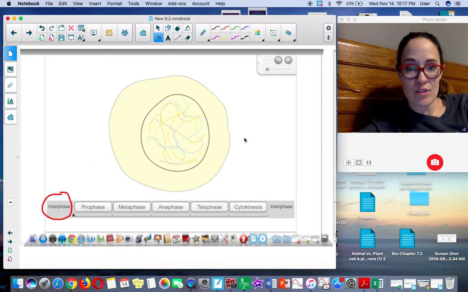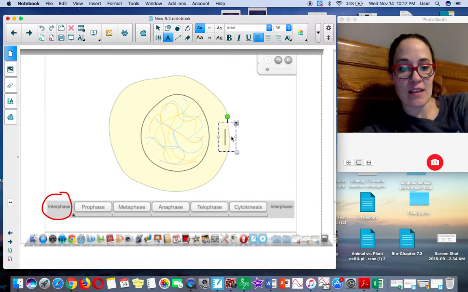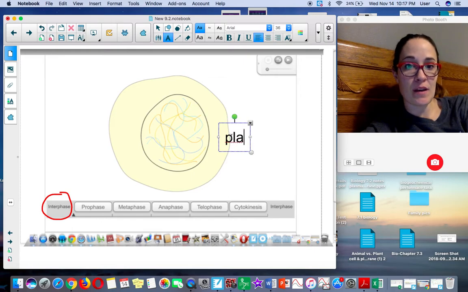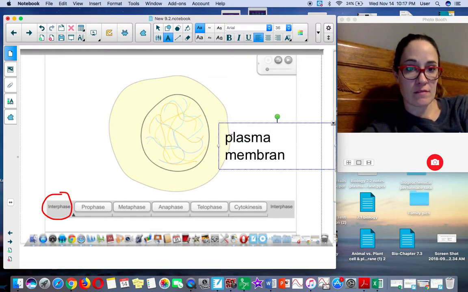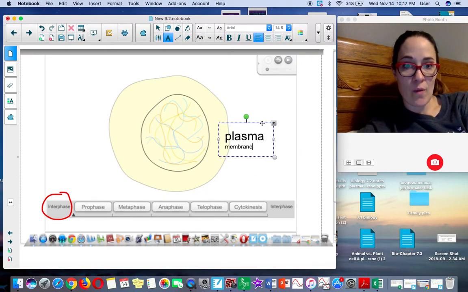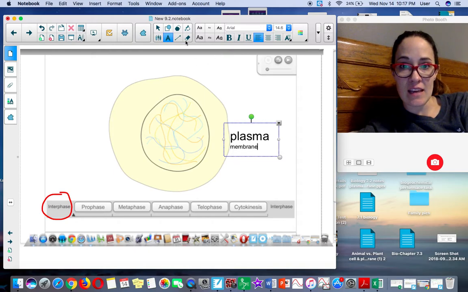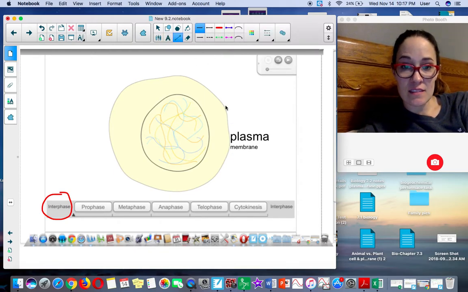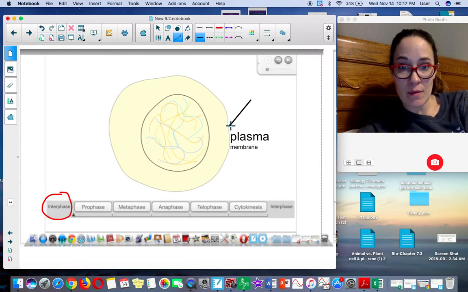So circle interphase or write it. If you can't see it clearly, we can clearly see the plasma membrane on the outside. This is our plasma membrane.